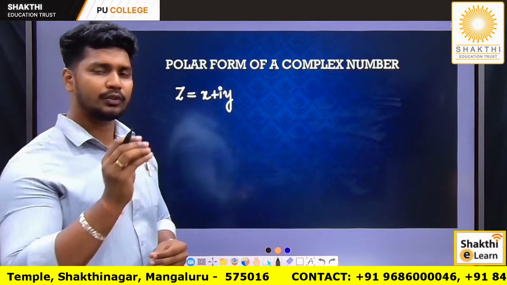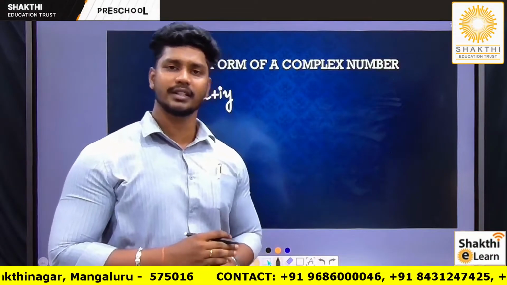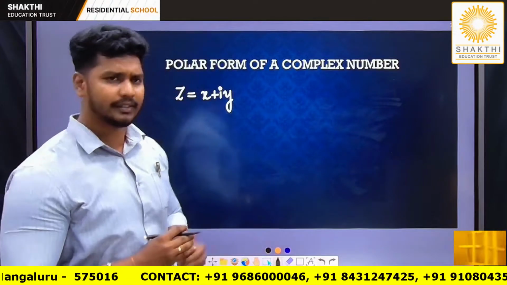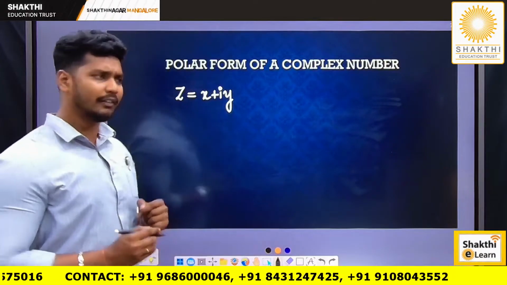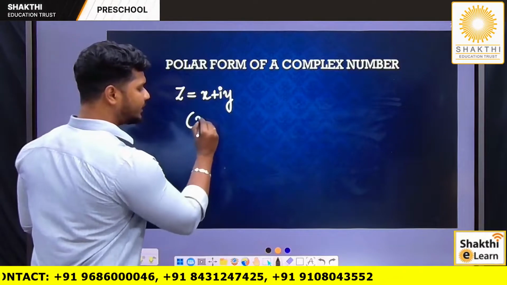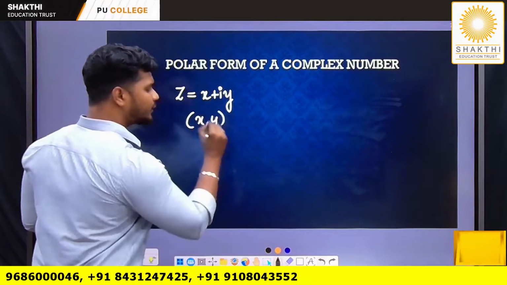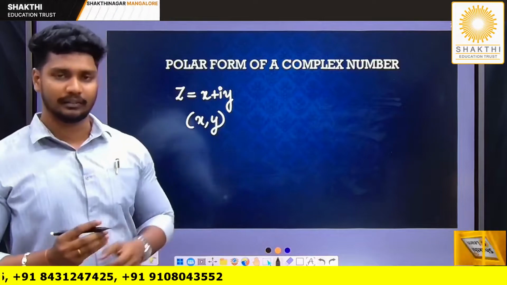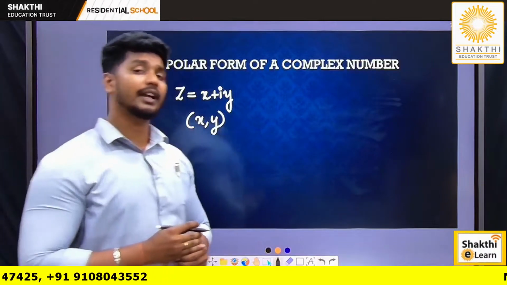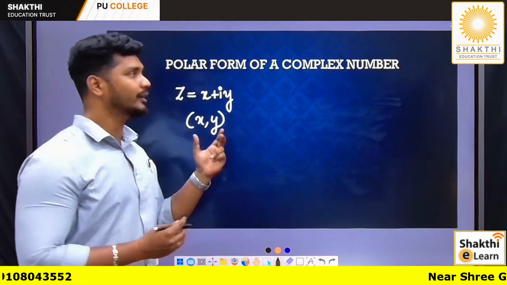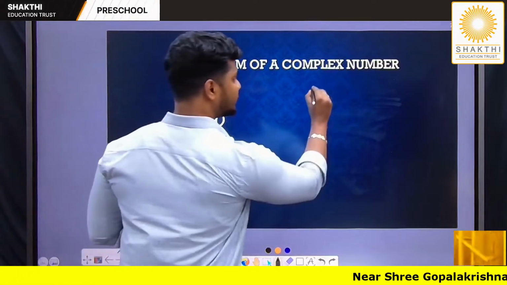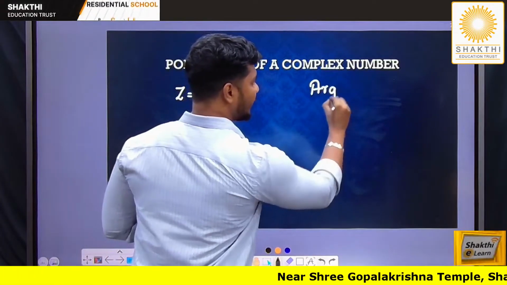As we represent a point in a Cartesian coordinate system, the same way z is equal to x plus iy, I can consider the coordinate x comma y and represent it in a plane. That plane is not called a Cartesian plane. The plane that we represent the complex number in is called the Argand plane.